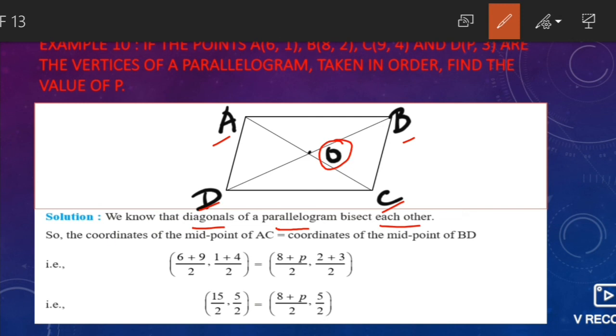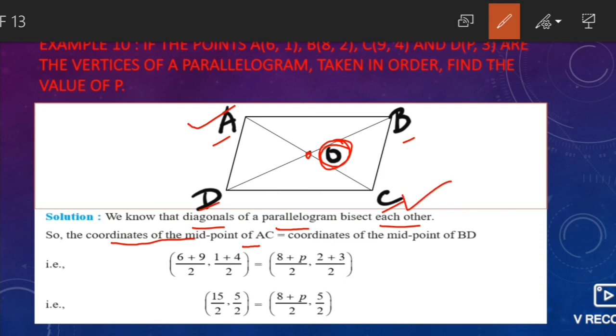Since O is the midpoint of both AC and BD, the coordinates of O from AC and the coordinates of O from BD will be the same. You know the coordinates of A and C, and O is the midpoint.